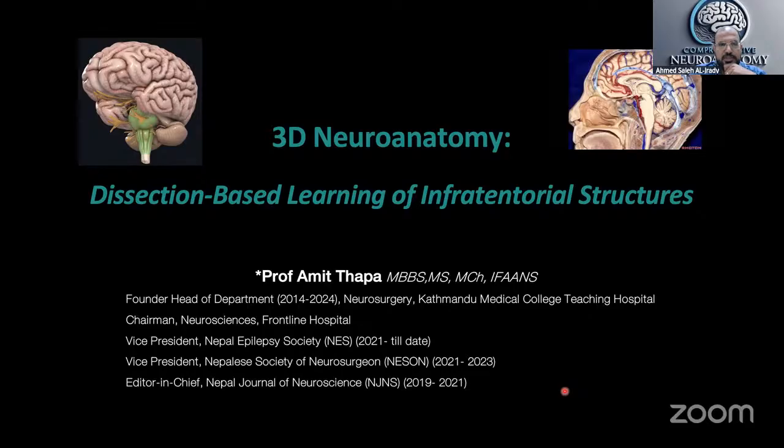He is also Vice President of Nepal Epilepsy Society and Vice President of Nepalese Society of Neurosurgeons from 2021 to 2023, and Chairman of Neurospine Chapter of NISON from 2020 to 2022.